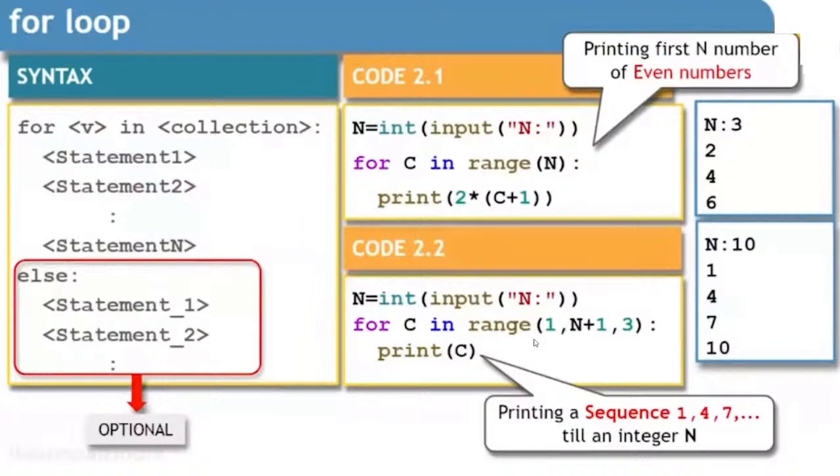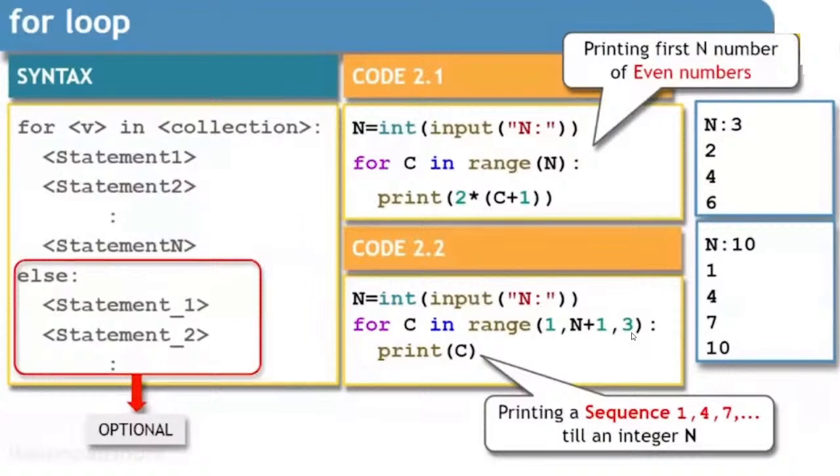It means if you have taken the value of n as 10, and you are going to start this range from 1, it will start from 1 and go up to n plus 1. What is n? n is 10. 10 plus 1 is 11. So it will start from 1 and go up to 11, but with a gap of 3.